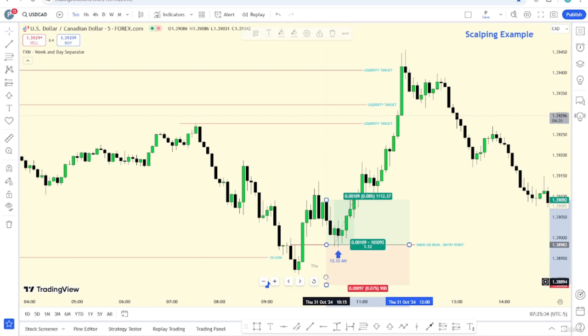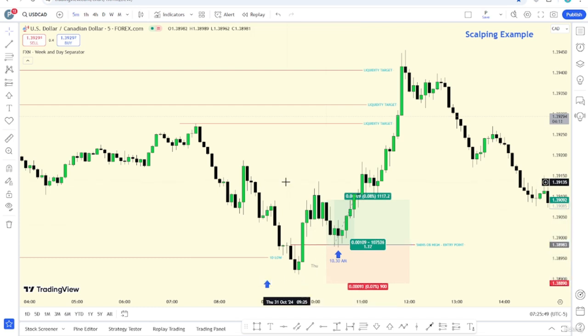The stop loss comes in at the low of the order block plus a few pips below it. Let's say maybe 9 pips about there.